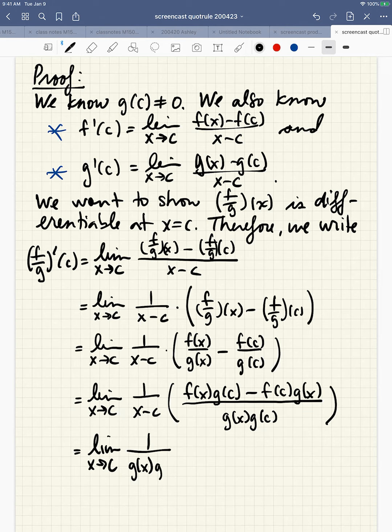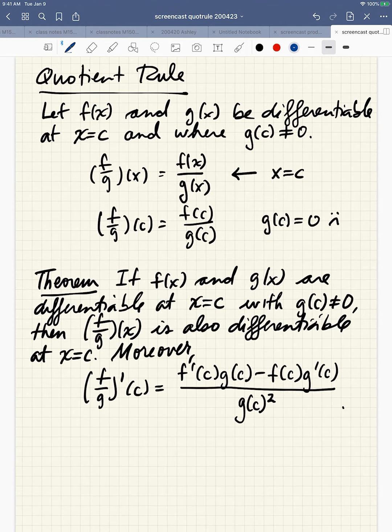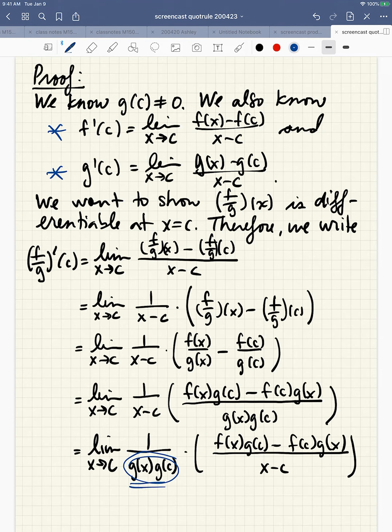I'm going to switch denominators here. Okay. So what I'll point out to you is that look at this down here. We like the way that's looking because, look, we're supposed to end up with the value of g at c squared. And notice what we have. We've got 2 copies of g down there. And you'll see that that will resolve into what we want it to resolve in.